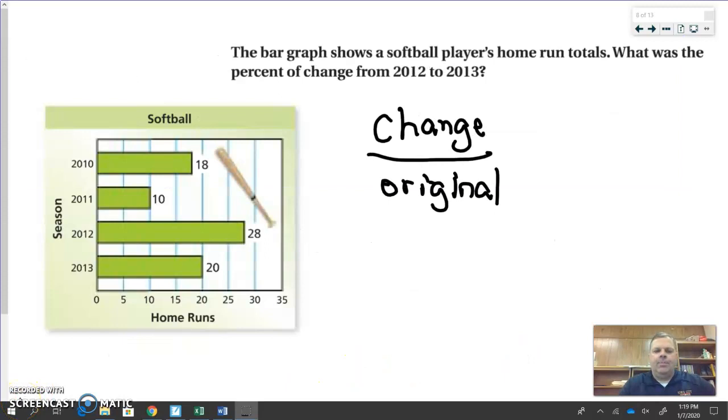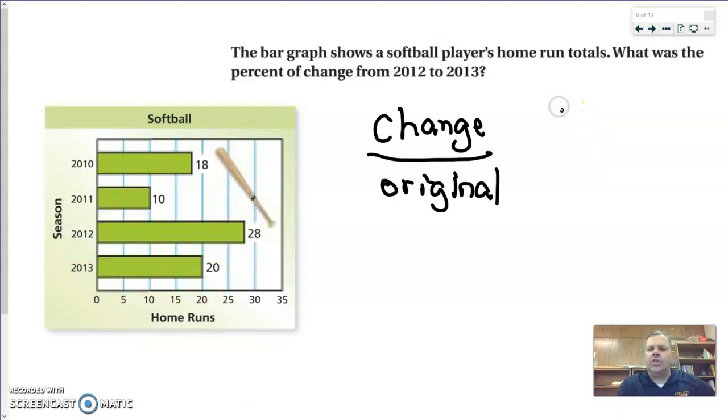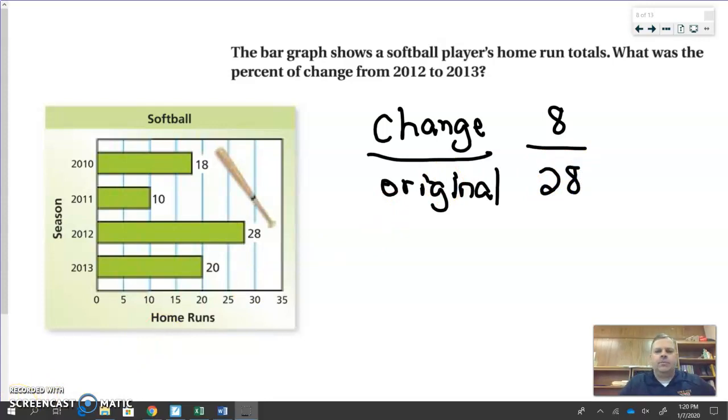This problem is an example of a decrease. This bar graph shows the softball players' home run totals. What was the percent change from 2012, where they hit 28, to 2013, where they hit 20? Thinking about this, our change went from 28 to 20, so it is a change of 8. The original was 28. So what we will need to do is divide 8 by 28.